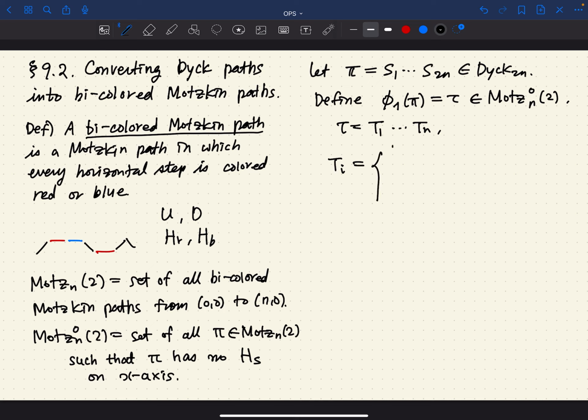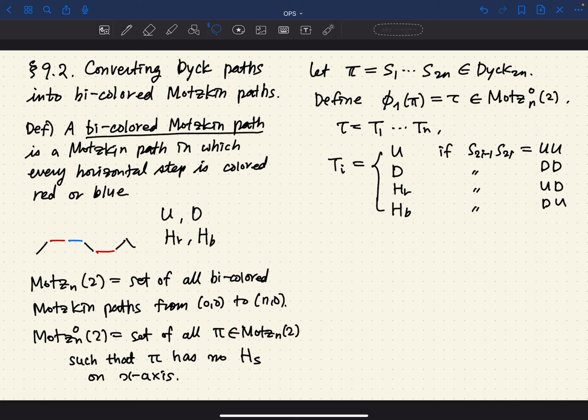We have four possibilities: U, D, HR, HB. If s_(2i-1) s_(2i) equals UU, and if this is UD, DU.